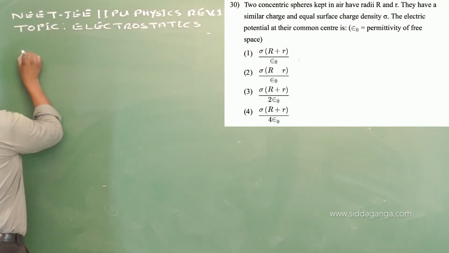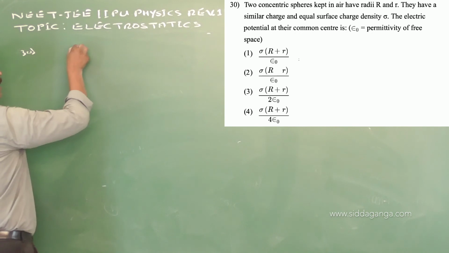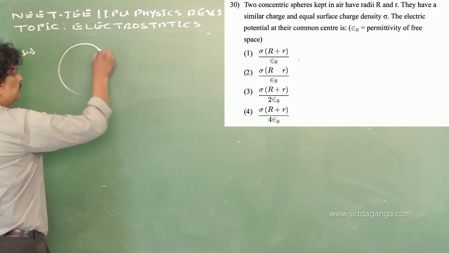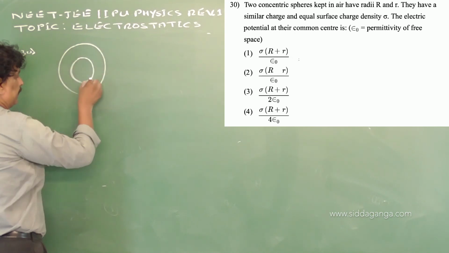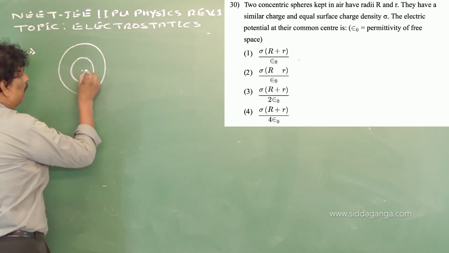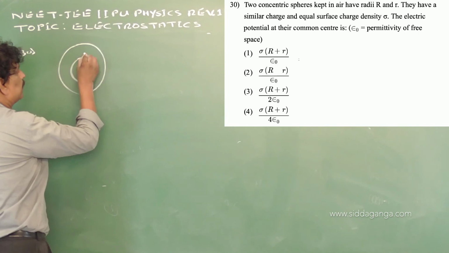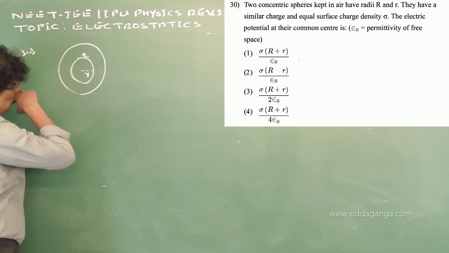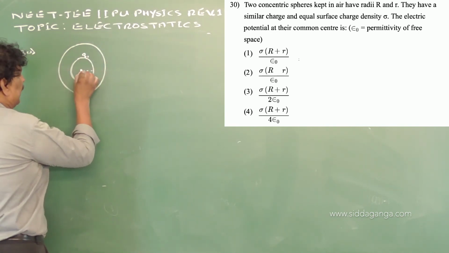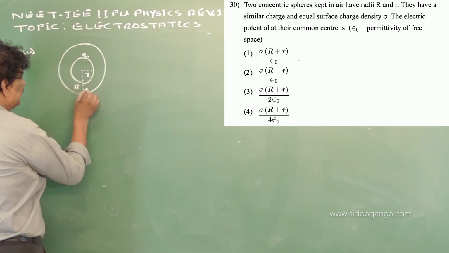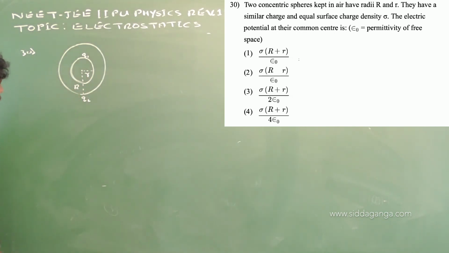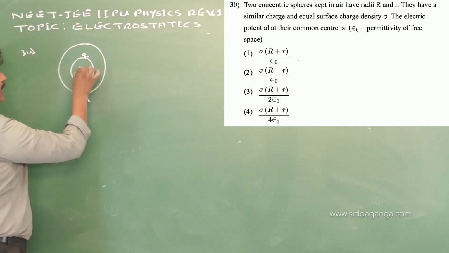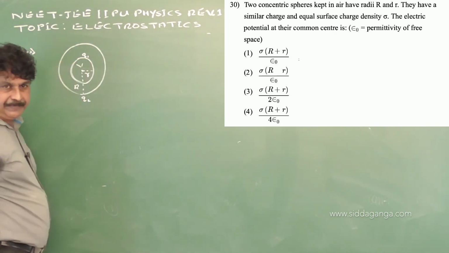Again, we have two concentric spheres, one of radius r with charge q1 and another of radius capital R with charge q2. Now at the common center we need to find the potential.